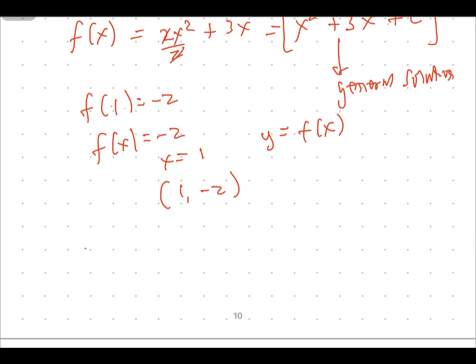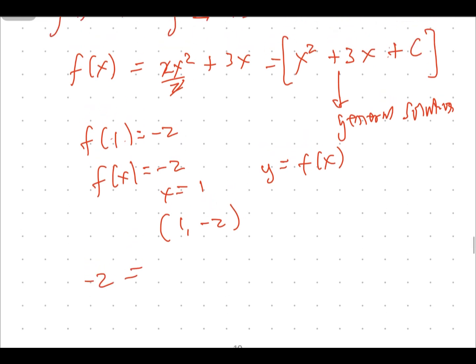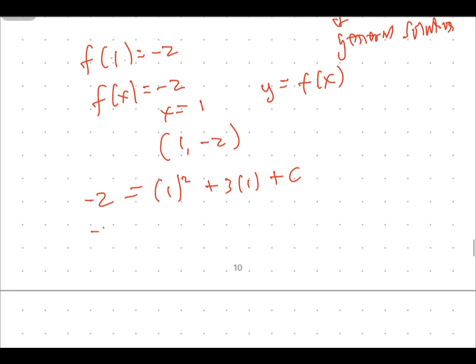So at f of x, the value is negative 2, which is equal to x squared, right? So what is x? x is 1. 1 squared plus 3 times 1, and then plus c. And therefore, negative 2 equals 1 plus 3 plus c.